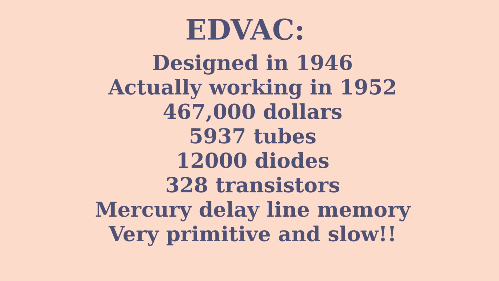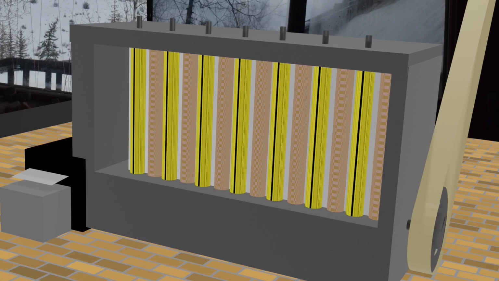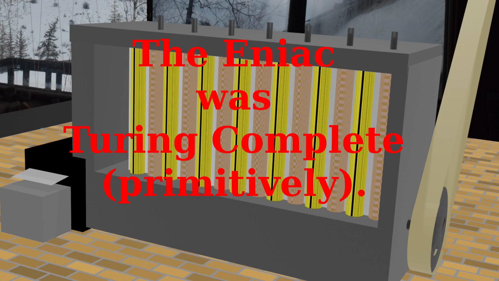A fully functional computer programmed from memory locations is said to be Turing complete after Alan Turing. Neither Babbage's difference engine nor the basic ENIAC were Turing complete.